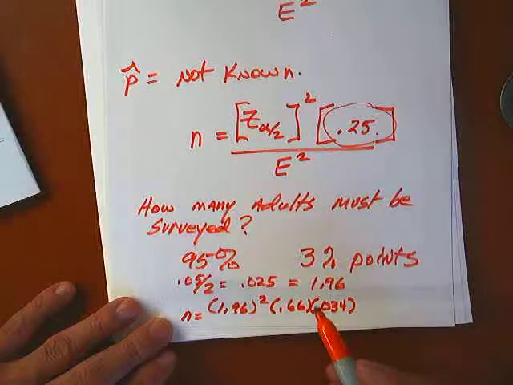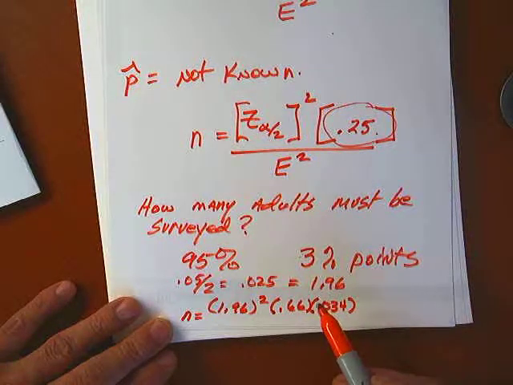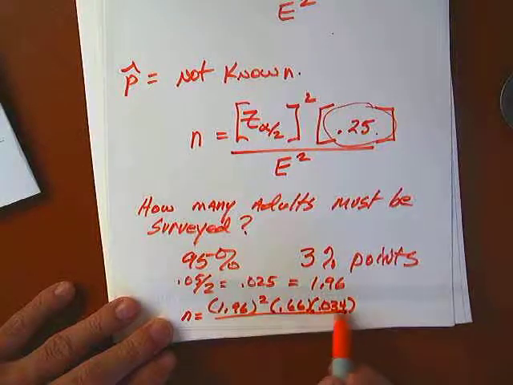Okay, so we plug and chug. 95% confidence level means a 0.05 alpha, divided by 2 is 0.025. We know that that translates into a 1.96 z-score, or critical value.